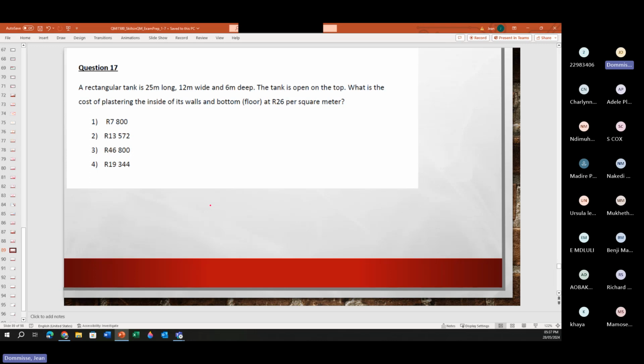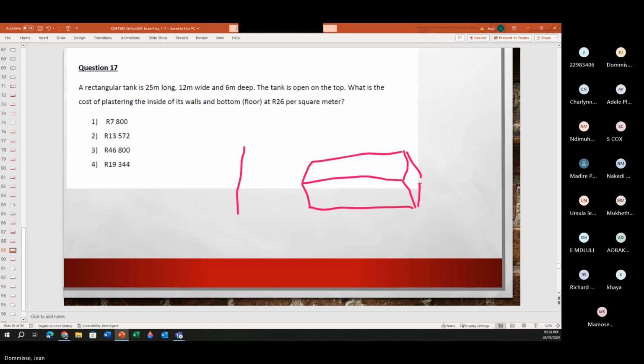A rectangular tank is 25-meter long, 12-meter wide, sorry, and then we've got it as 6-meter deep.